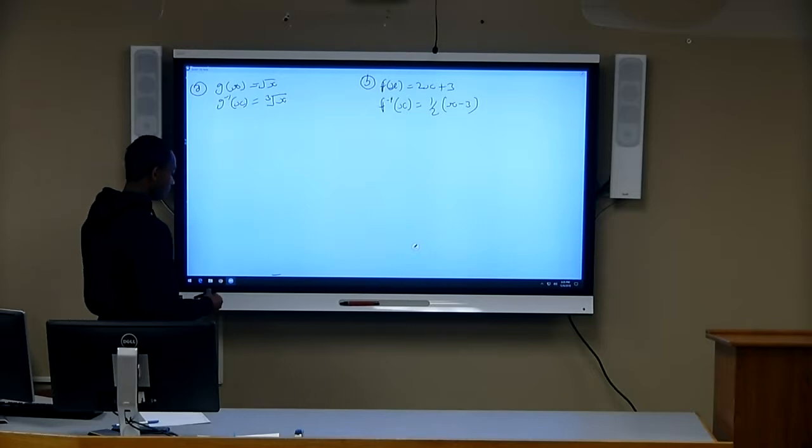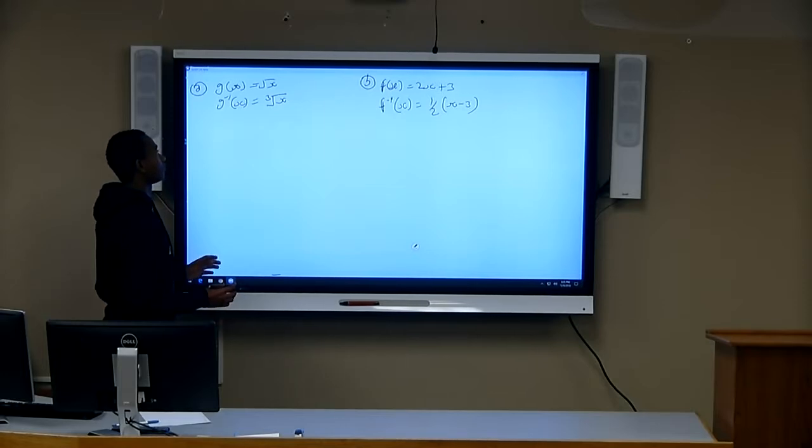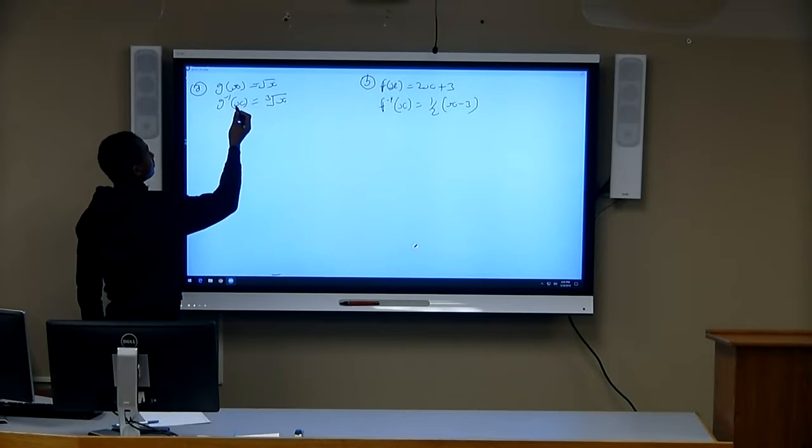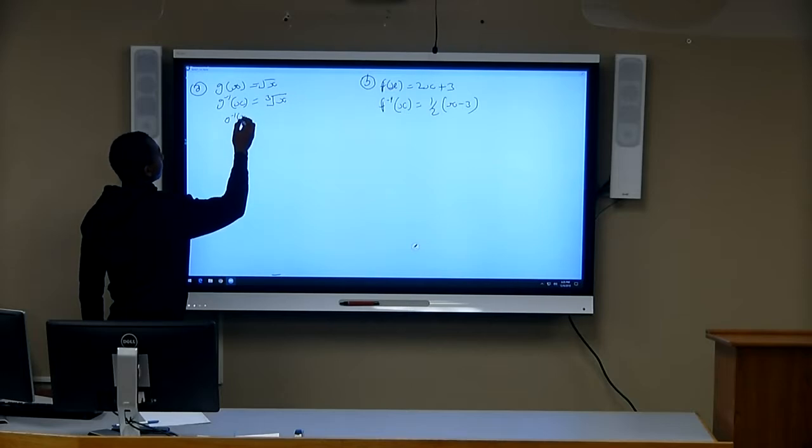The next question, we're going to verify inverse functions. How to verify two functions are inverse. So this is g of x equals the square root of x. This one is g inverse. This is the sign you use to write inverse, like g inverse of x.